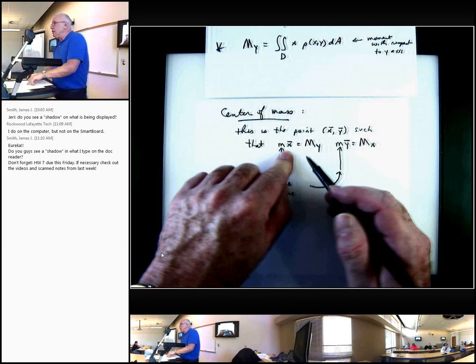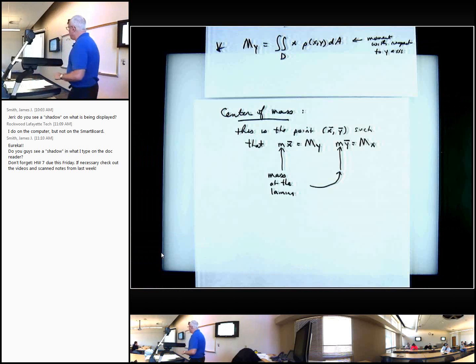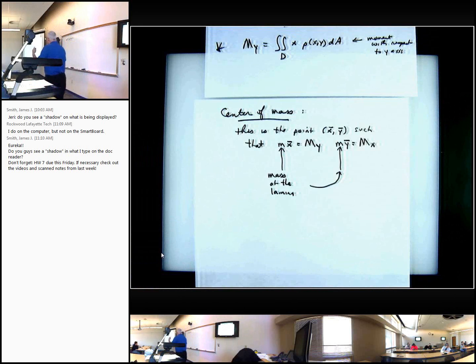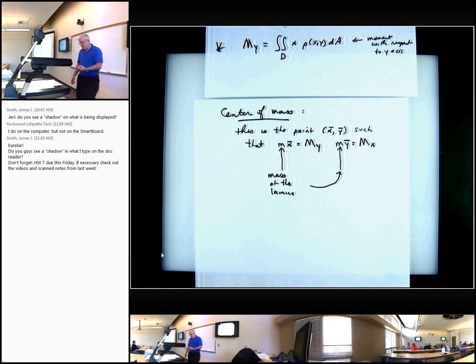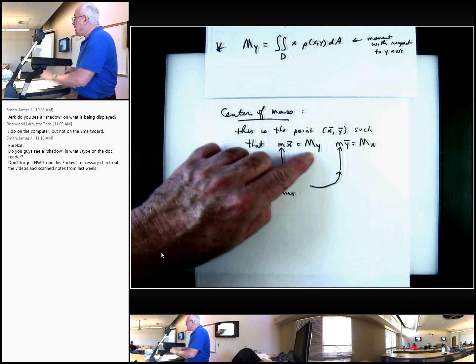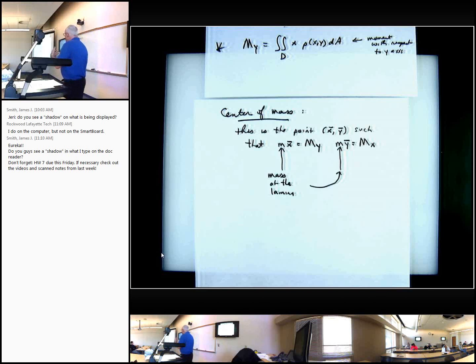Something that I find a little confusing is the fact that we have x bar in the formula on the left, but on the other side of the equal sign we have capital My. Now, this capital My is the moment about the x-axis, because the distances are the y.